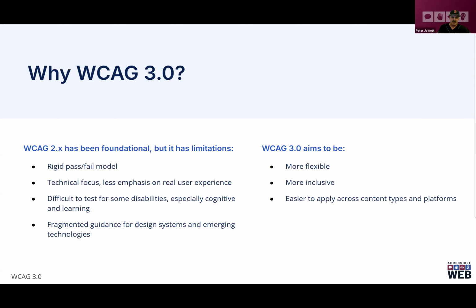As web and app experiences have become more dynamic and diverse, some gaps have become really apparent. One key issue is the binary pass-fail structure that treats every violation the same. Whether it's a minor color contrast issue or a complete lack of keyboard access, you're either passing or you're failing, and that's not always reflective of the real user impact of these issues.